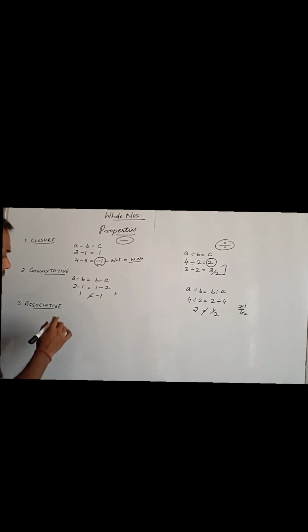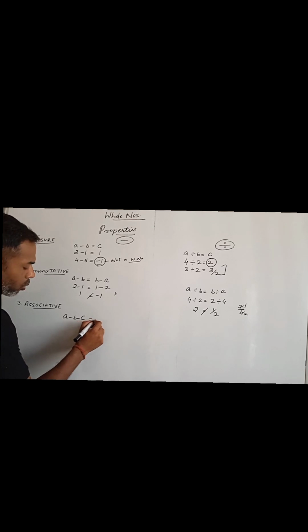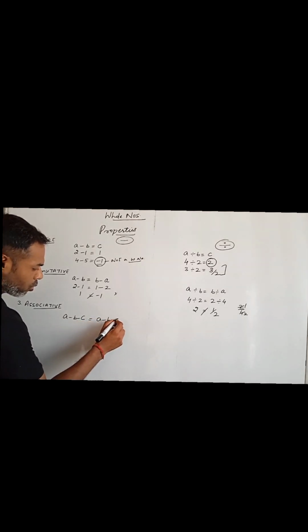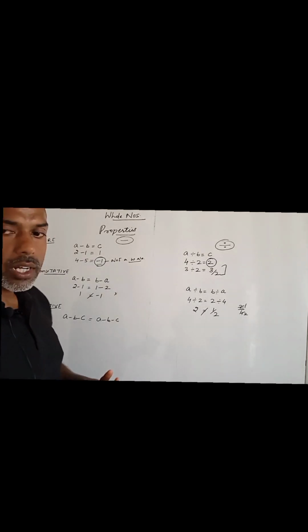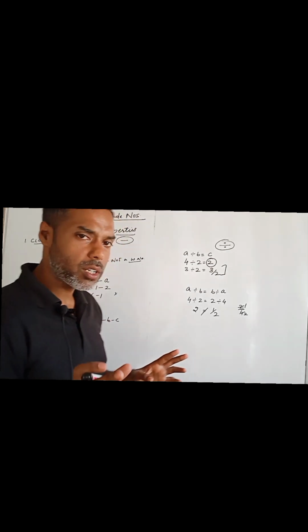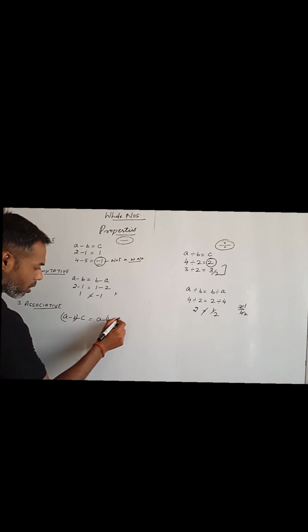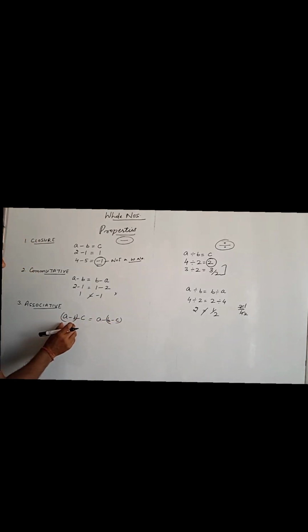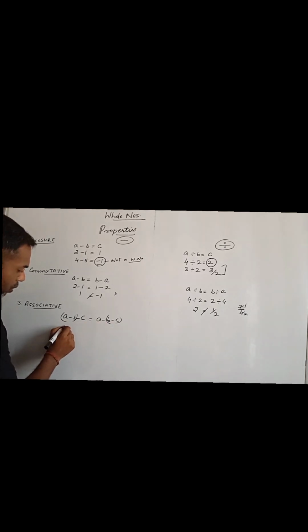Now the associative. Associative means when we are subtracting more than two numbers, and we change the association of the numbers, it should not change the result. So let us do that. Suppose we are doing 3 minus 2 minus 1.